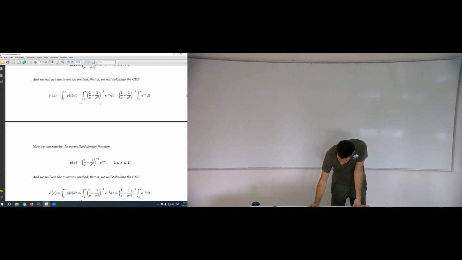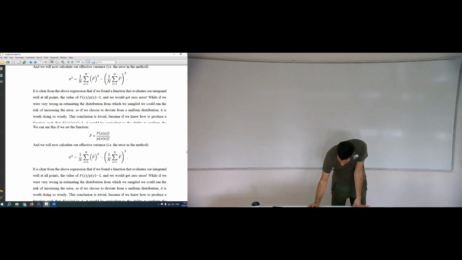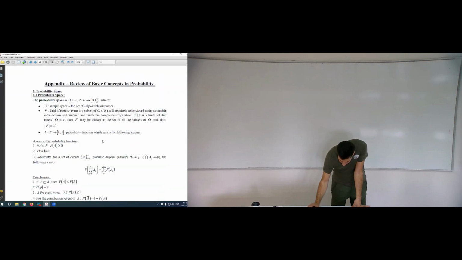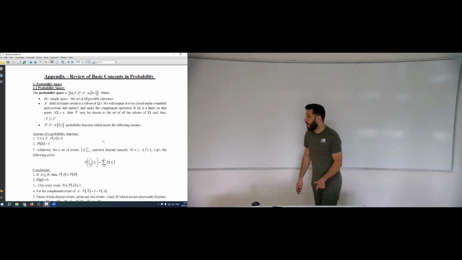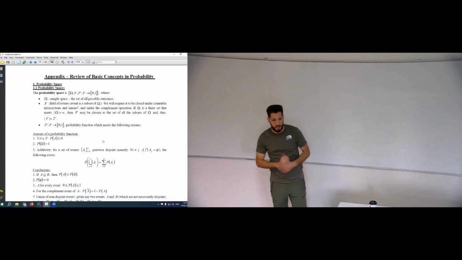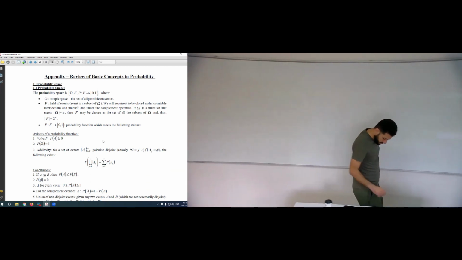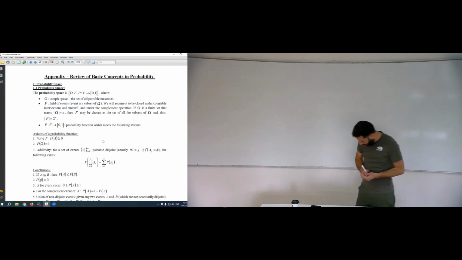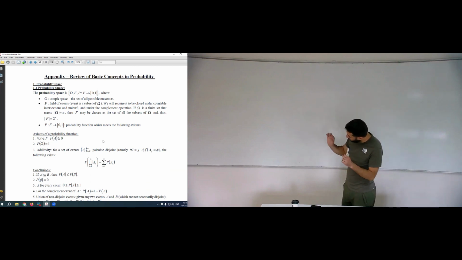So I know that you took a course of probability, and this is a reminder for you in the appendix. If you forgot something, I think this appendix is enough for you. And I will remind you also of the important things.